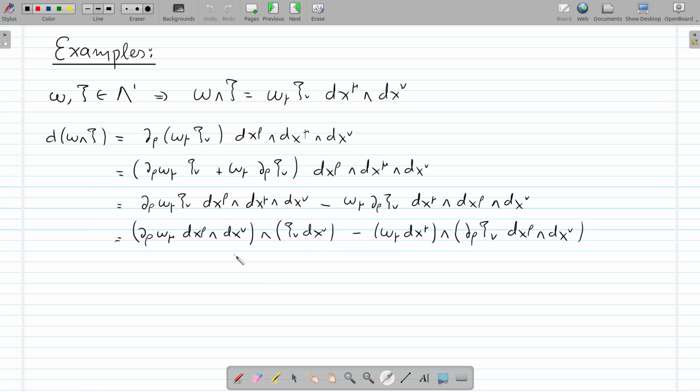So if we do that and group the terms as shown here, so that is d rho omega mu times dx rho dx nu, and then xi nu goes with dx nu, and similarly here omega mu is paired with dx mu and the derivative of xi with dx rho dx nu.